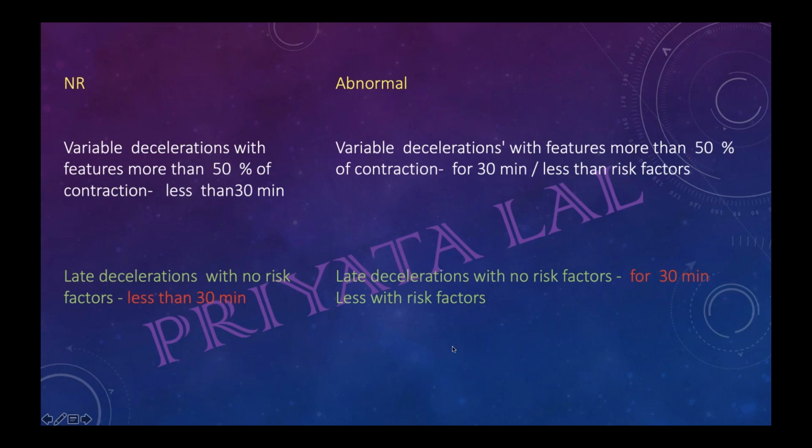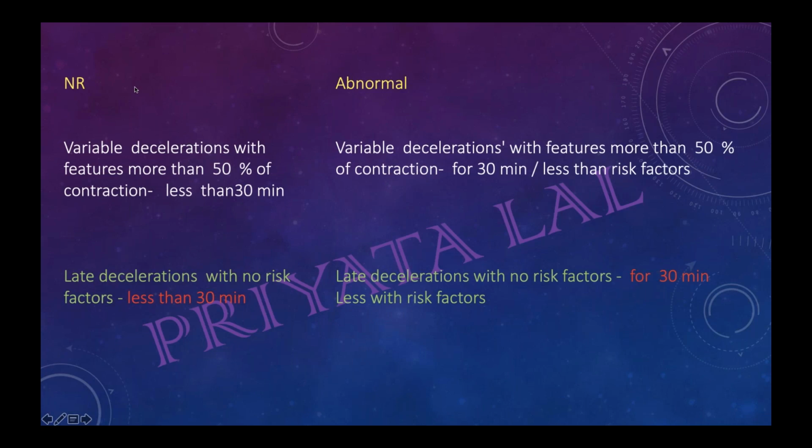Because if you try to remember that table during the exam, it will create so much of a mess about which feature we have to put. There will be no problem with baseline or variability. The problem happens with deceleration only, so where to put what. If you remember this, your answer will become easy.